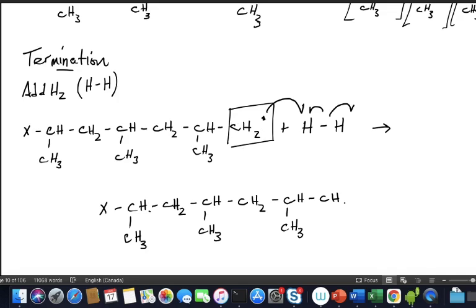So on the end of our chain, that CH2 is now a CH3, but everything else through the polymer chain has stayed the same. As you can see, it's still 3 repeating units. The other hydrogen, the other part of the H2, becomes a free radical and is free to go off and start the entire process again with a new monomer, or perhaps even end a chain of another one. It just depends on what's happening here.